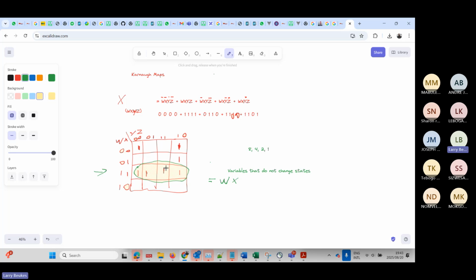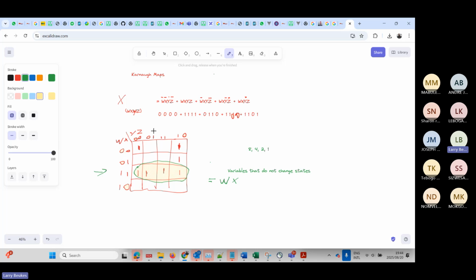Now let's check Y. So in this group, Y is 0 in the first column. In the second column, Y is 0, which is good, it's not changing state. But in the third column, Y becomes 1. So this is bad. What do we do? We throw it away. So we don't look at Y anymore, we go to Z. Z in this group that consists of 4 columns: in the first column, Z is 0.